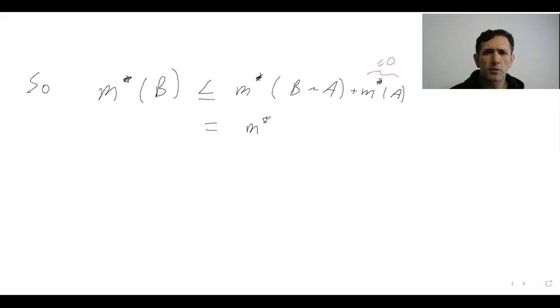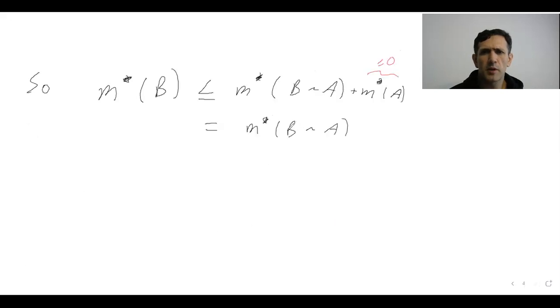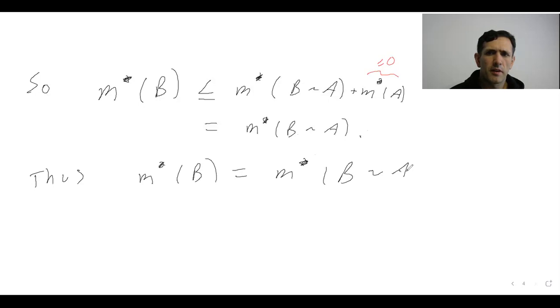So this is equal to M star of B take away A. So M star of B take away A is less than or equal to M star of B, and it's also bigger or equal to M star of B, so they're equal. Again, basically a little exercise in playing around with the basic properties of outer measure.